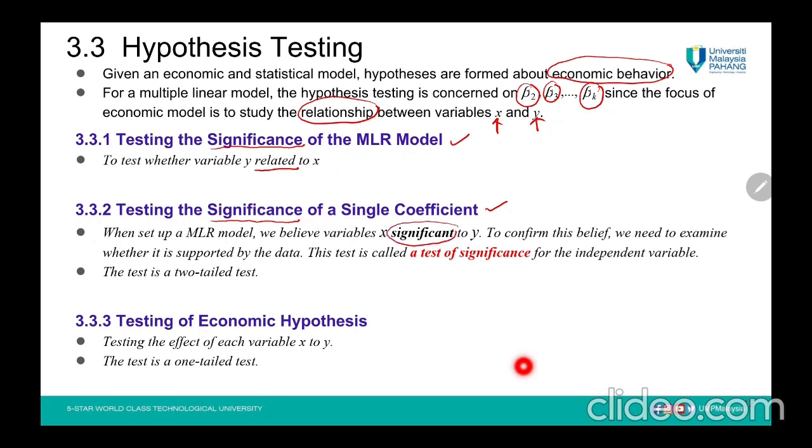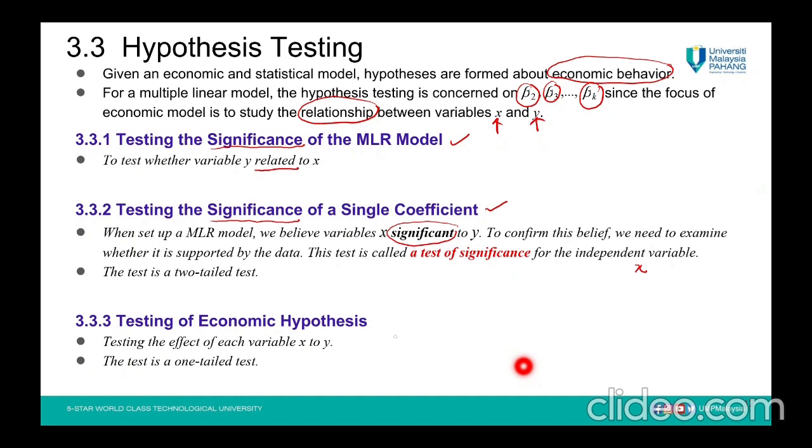To confirm this belief, we need to examine whether it is supported by the data. This test is called a test of significance for the independent variable, that is x. The test is a two-tailed test. For this case, we can use either the p-value approach or the t-test.